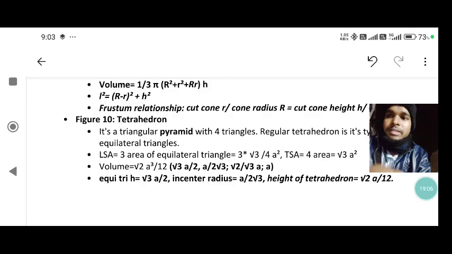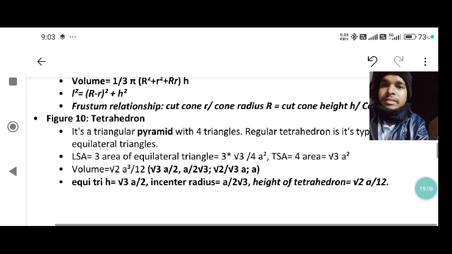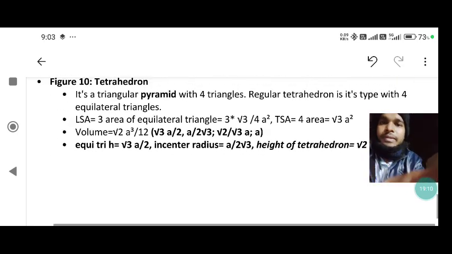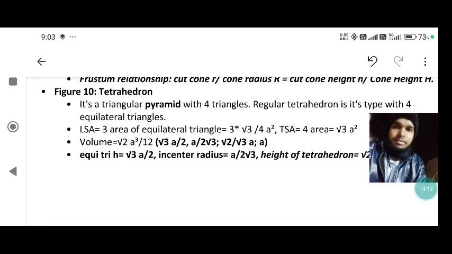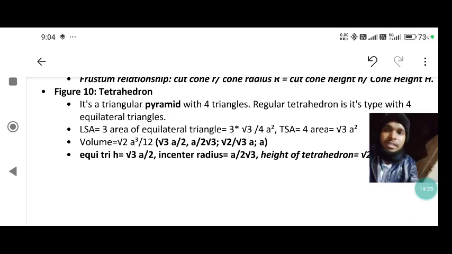So the last figure is the tetrahedron. What is a tetrahedron? It is a combination of four triangles, and whenever the four triangles are congruent and equal, it is called a regular tetrahedron. In general computation, only the regular tetrahedron is seen. We can also say it is a triangular pyramid.